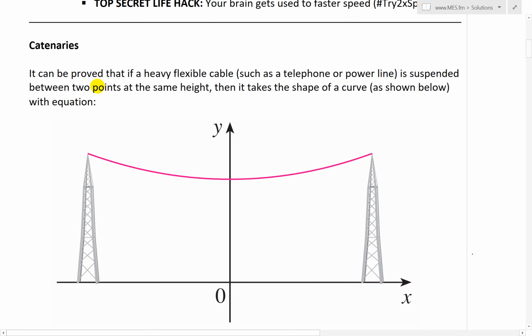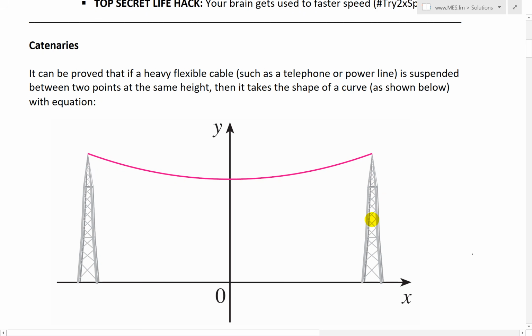It can be proved that if a heavy flexible cable, such as a telephone or power line, is suspended between two points at the same height, as shown here, then it takes the shape of a curve like this one, like a heavy cable across these two towers at the same height.